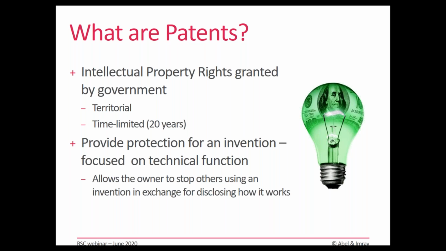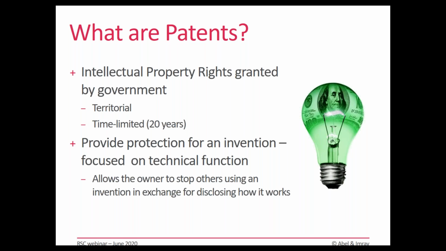free to use it. The underlying principle behind the patent system is it's meant to be there as a promoter of innovation. That's part of its role. And the deal here is that an inventor, in exchange for telling everybody how their invention works, is then given this monopoly protection for it. And monopoly protection is quite powerful.